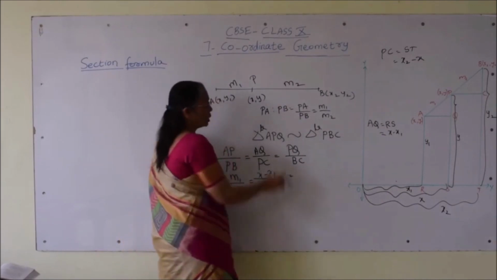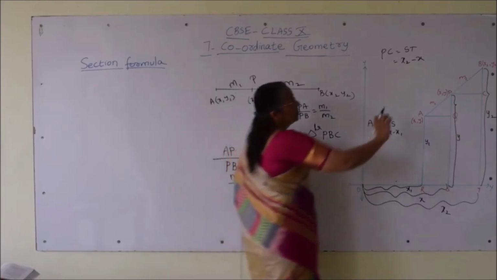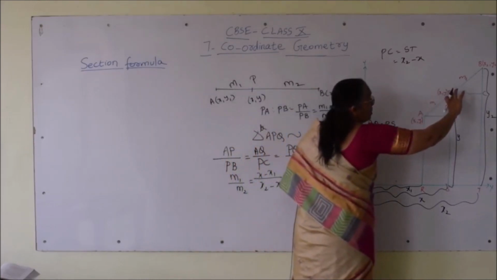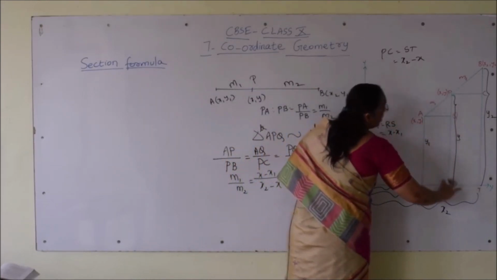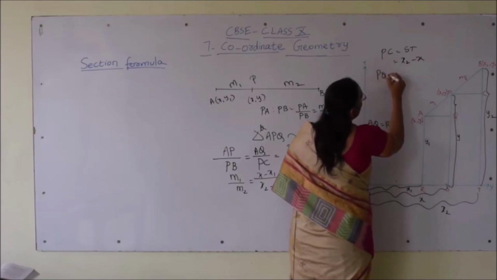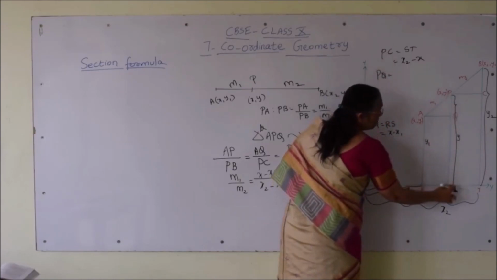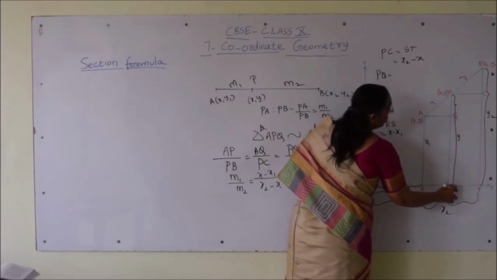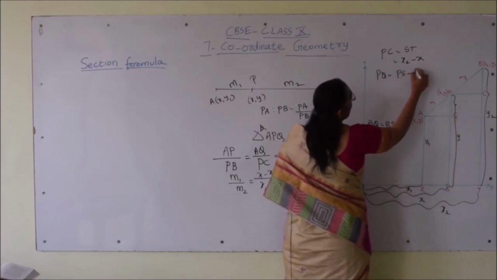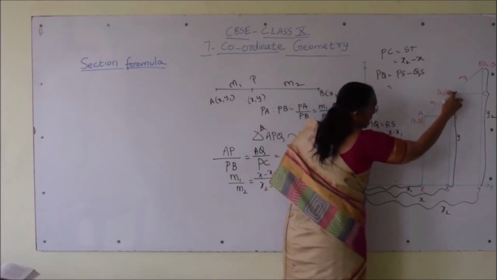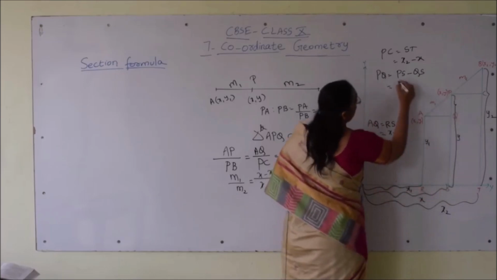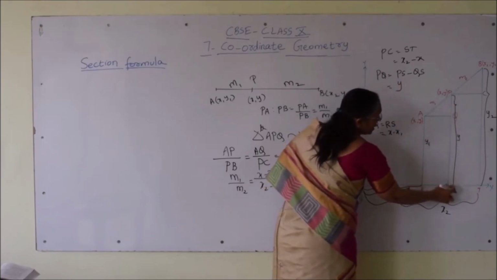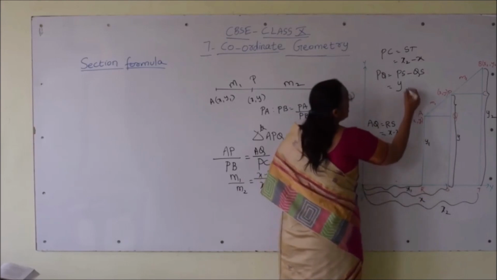Now coming to the last one, PQ. This distance is PQ. PQ can be written as the whole distance PS minus QS. PS from the diagram is y, and QS is the same as AR, which is y1.